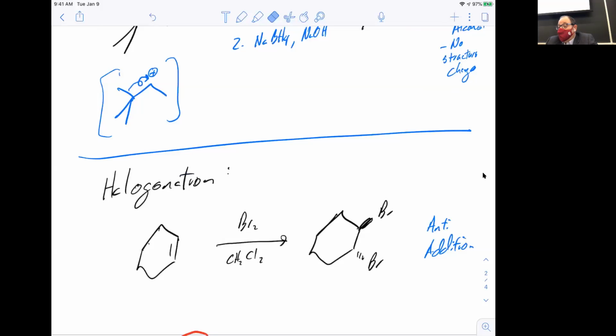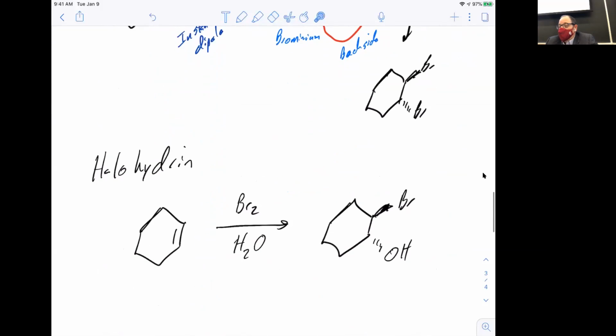So whenever you see this in a reagent, it's usually indicating that you want to run this reaction without water. And that's what's happening here. This is not part of the reactant. It's not necessary. I could change my solvent, but whatever solvent I want to use, I need to make sure that solvent doesn't have water. If it has water, then the halohydrin is a possibility.